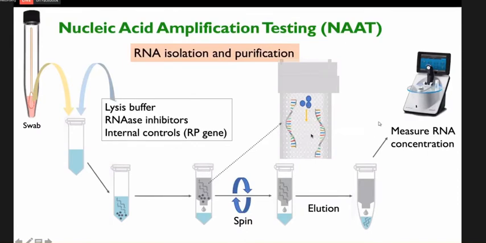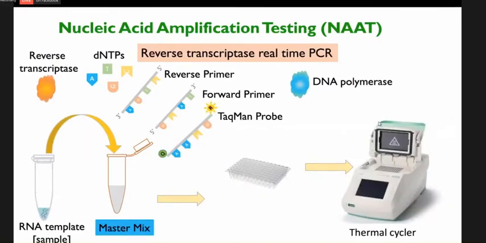After washing the column with the elution buffer, the RNA can finally be collected, free from protein, inhibitors, and other contaminants. The concentration of the RNA can be measured using UV spectroscopy to ensure quality. The next step is the preparation of the reaction mixture for PCR amplification.